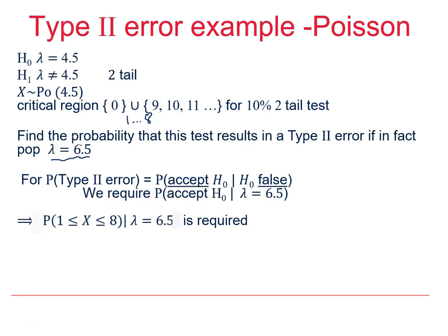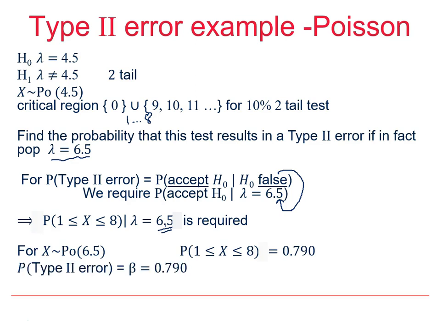So we want to accept H0 when H0 is false, and in fact lambda is 6.5. So again, simply on your calculator, it's the probability of getting a value of x between 1 and 8, and you might prefer to use your tables for Poisson, but using lambda equals 6.5, you should obtain 0.79, and that's the probability of the type 2 error for this test.